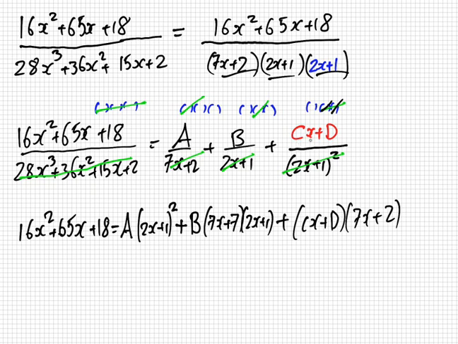Minus 1 over 2 will cancel the first two, but I'm still left with the third one, which has a C and a D in it. So that's not great. That's 7x plus 2, isn't it? So actually, if I use minus 2 over 7, then the second and the third one go, and I can find the A.